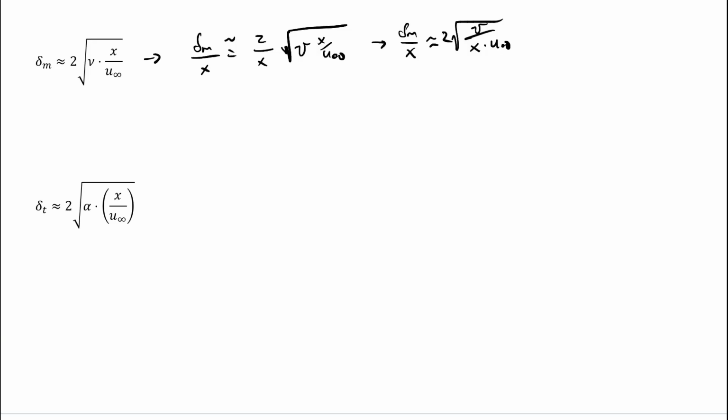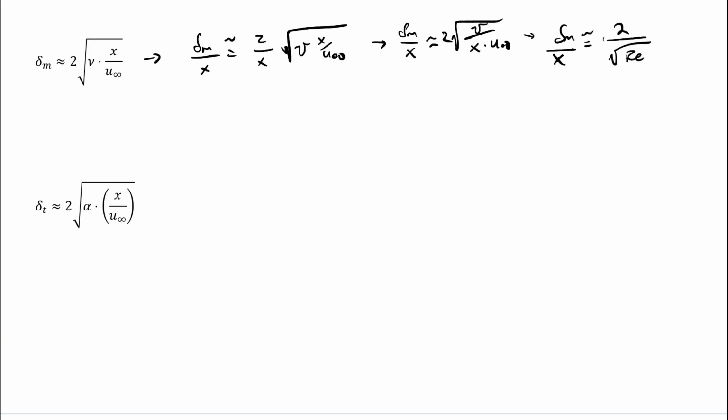Okay, this in here is actually one over the Reynolds number. So delta m over x is approximately 2 divided by the square root of the Reynolds number.